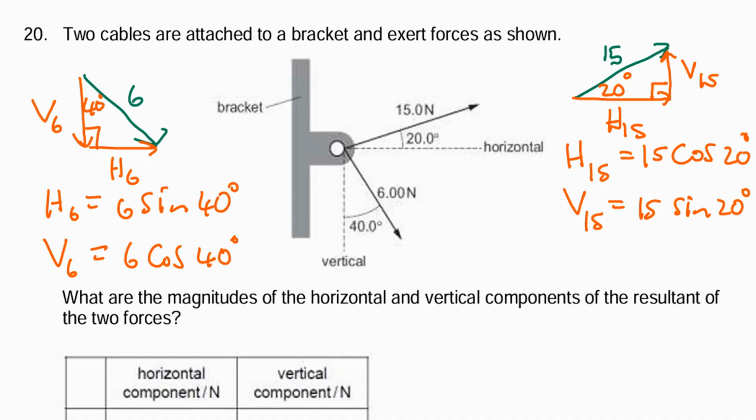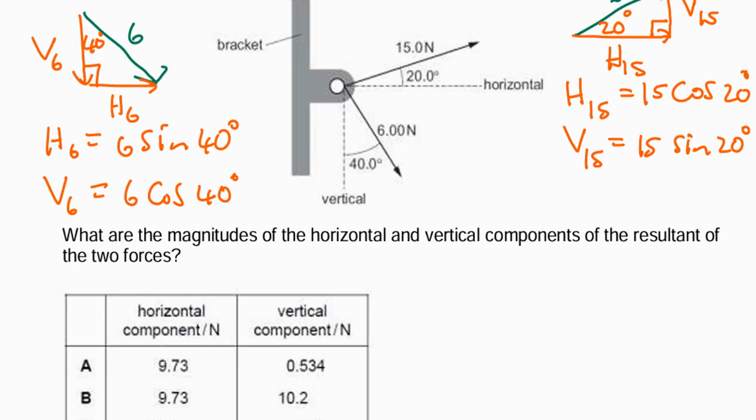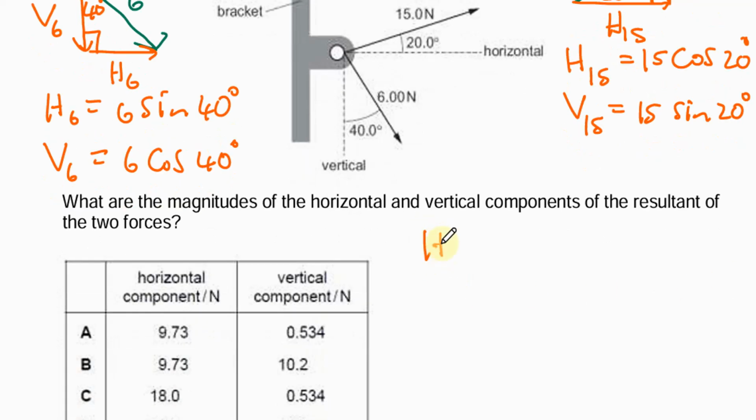Now, important to note that the two horizontal components act in the same direction. They're both to the right, so we can add them. So the net horizontal component then will be the sum of these two.